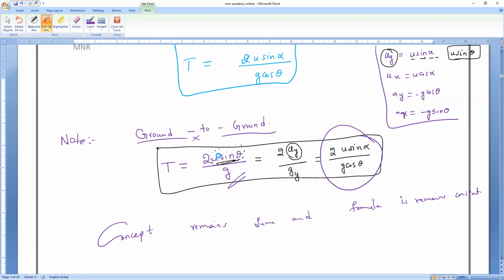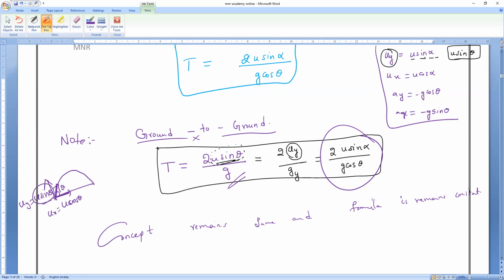So 2u sin theta. In the ground to ground case, u sin theta means the velocity in the y direction, and u cos theta is the velocity in the x direction.